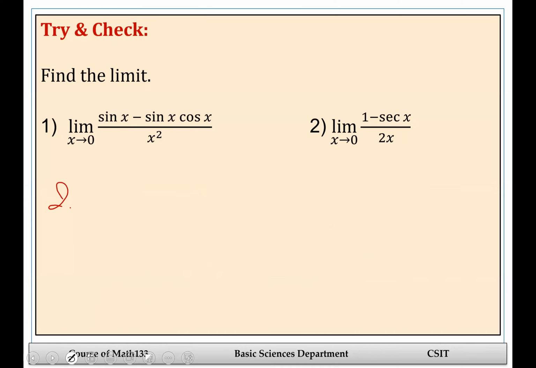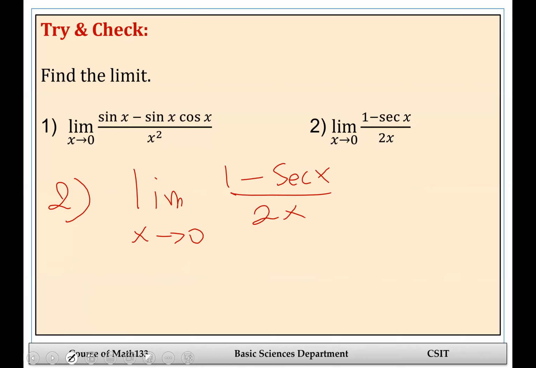Now the second one, the limit as x approaches 0 of 1 minus secant x over 2x. I know that secant is 1 over cosine, so I will write it like that: x approaches 0, 1 minus 1 over cosine x over 2x.